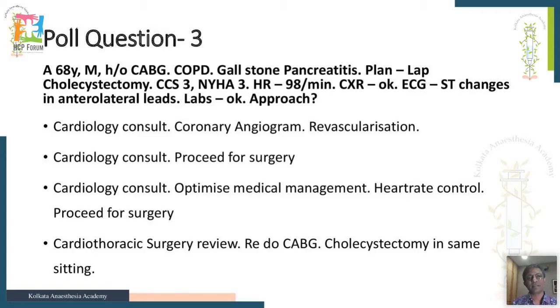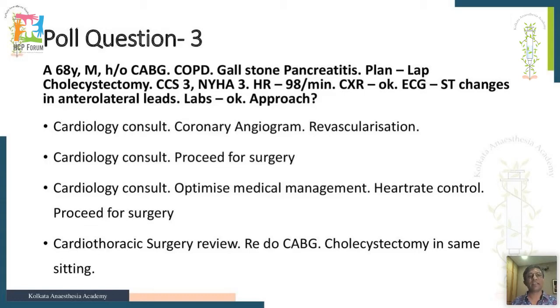Or would it be cardiologic consultation, you optimize the medical management and the symptoms, heart rate control, then proceed for surgery? Or do you think you should send it to the cardiothoracic surgeon, post CABG status, redo CABG and cholecystectomy in the same setting? What would be your preferred approach?